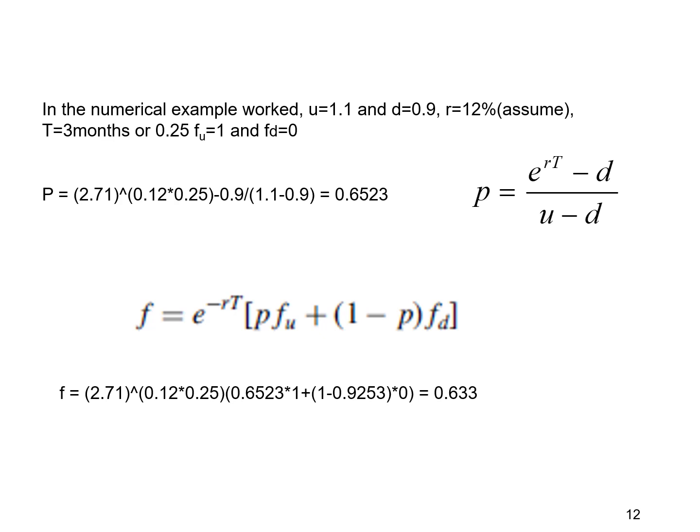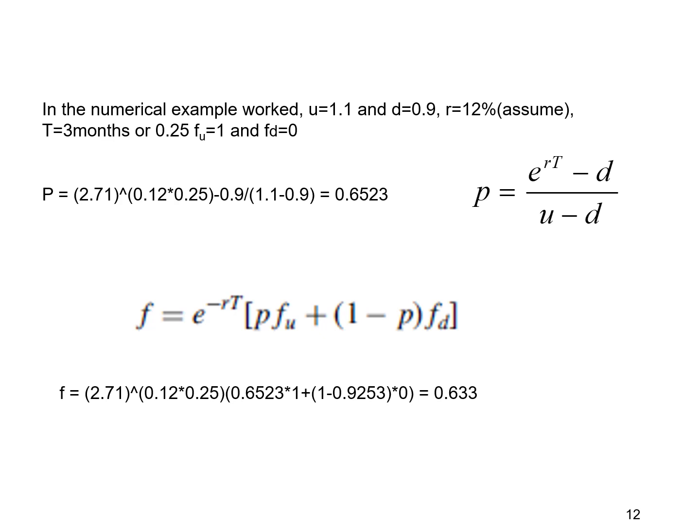Now from the previous slide, remember the probability formula is e raised to the power of rt minus d divided by u minus d. So you know all the values of r, t, d, u. Plugging those numbers in, you get p equal to 2.71 raised to the power of 0.12, which is the risk-free rate, times 0.25, which is the value of t.